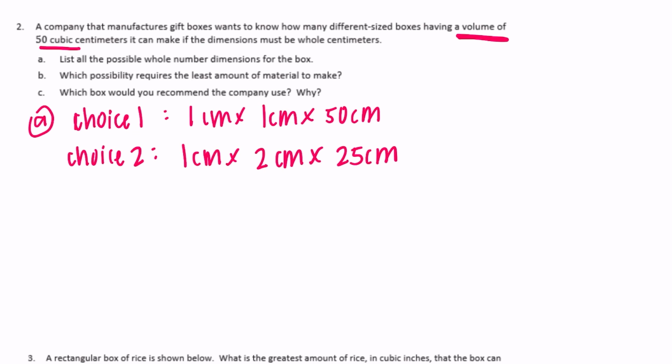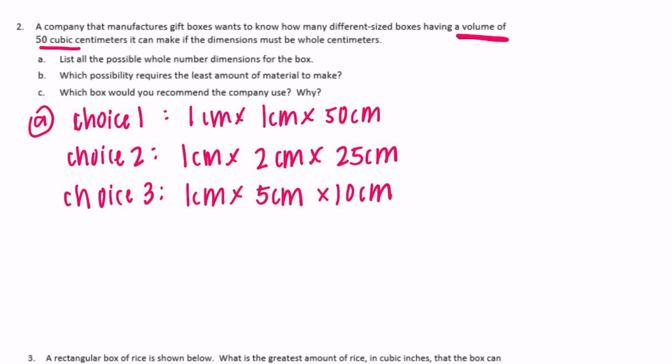What else, let's see. 5 times 10 is 50. So we could do 1 times 5 times 10. So 1 centimeter times 5 centimeters times 10 centimeters. And then I can break this down even more. We could do 2 times 5 instead of 10.